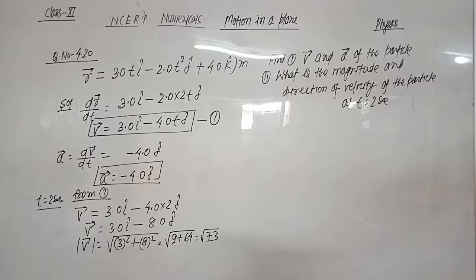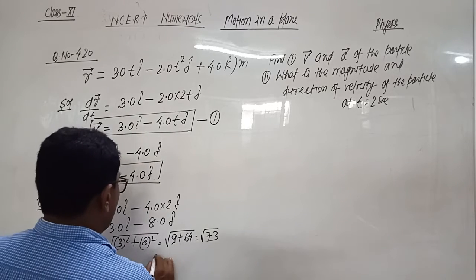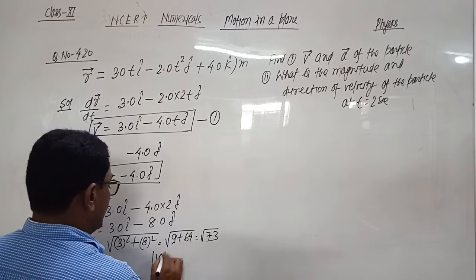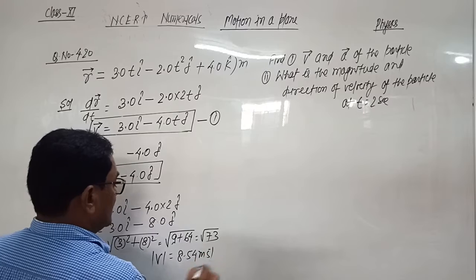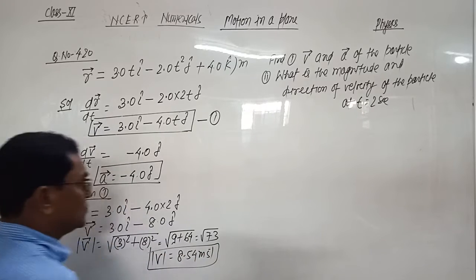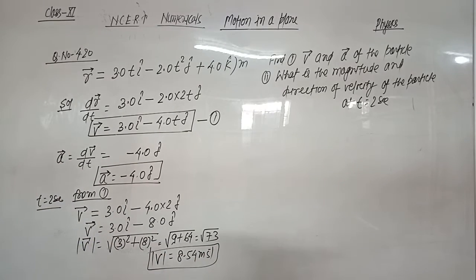The square root of 73 is around 8.54 meters per second. This is the magnitude of the velocity of the particle at t equals 2 seconds.